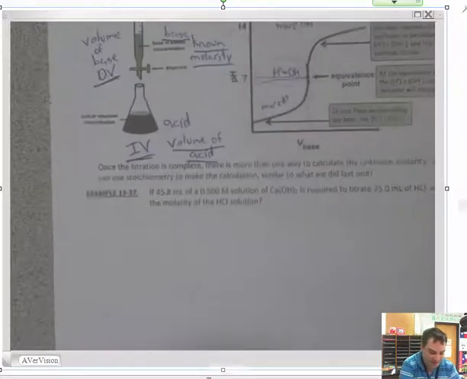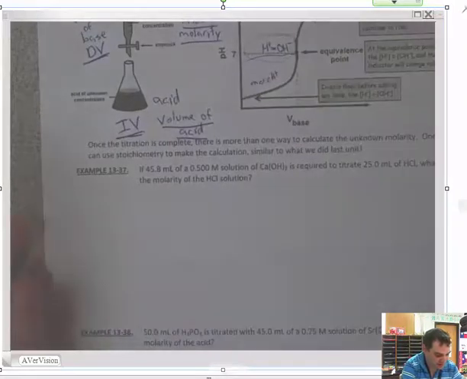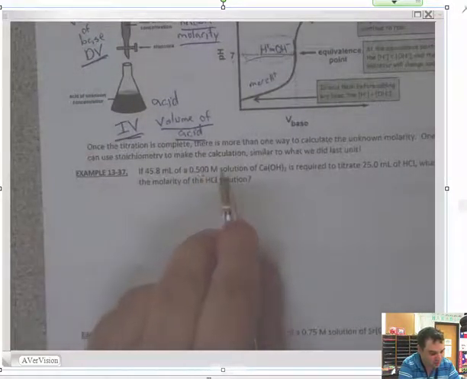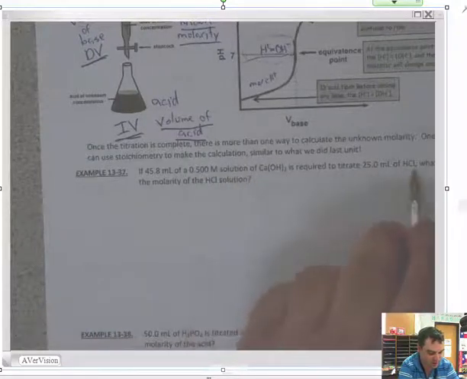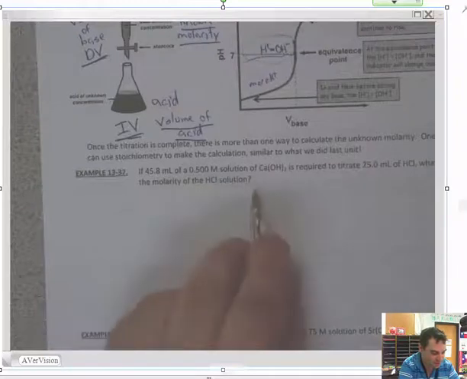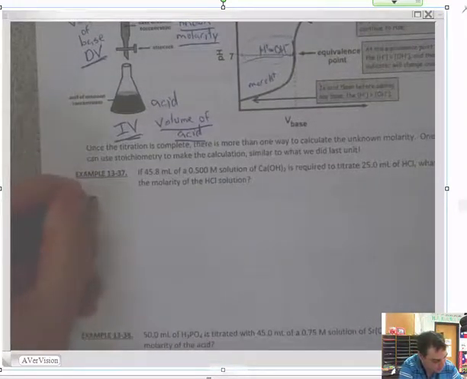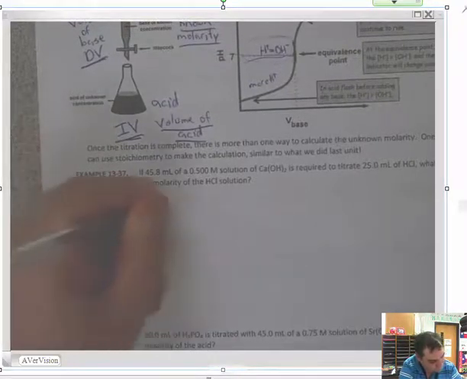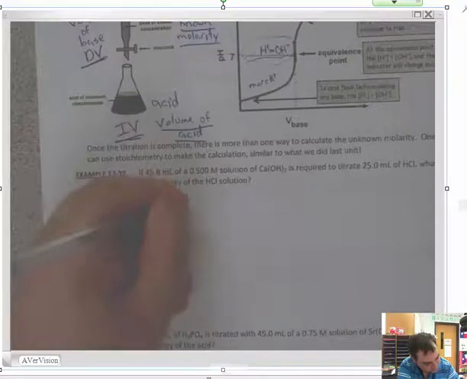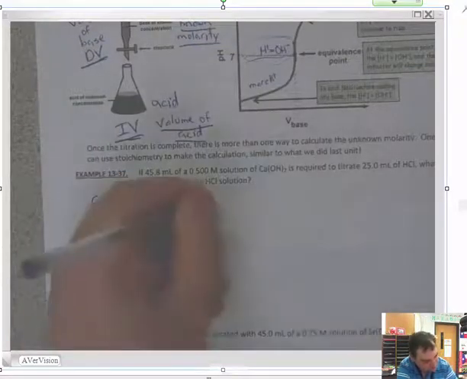Okay, so the first step in stoichiometry is we got to write down our reaction. So, 45.8 milliliters of 0.500 molar calcium hydroxide is required to titrate 25 milliliters of HCl. What is the molarity of the HCl solution? So we're going to write down a reaction. This is calcium hydroxide plus HCl.